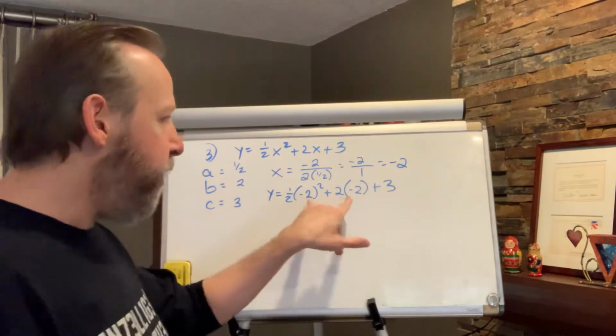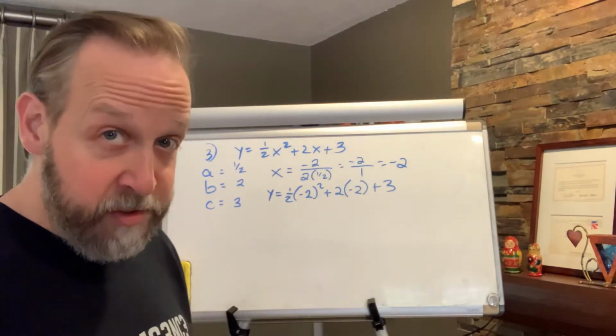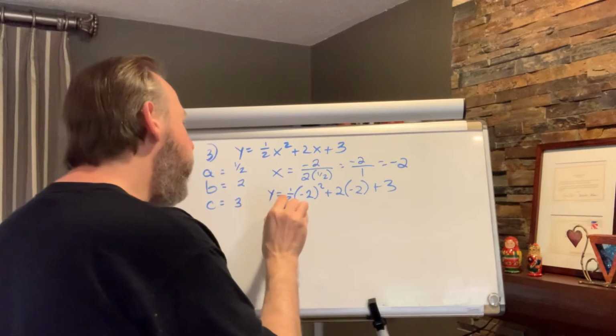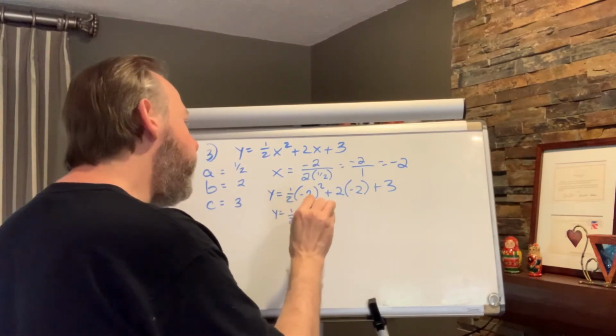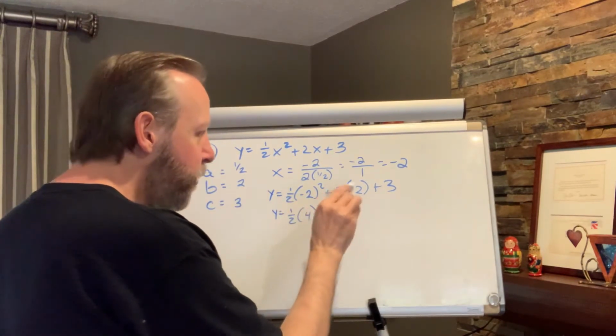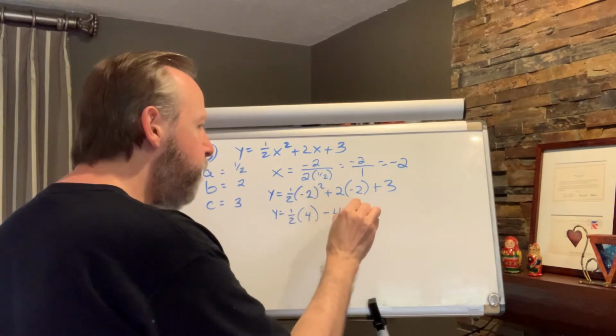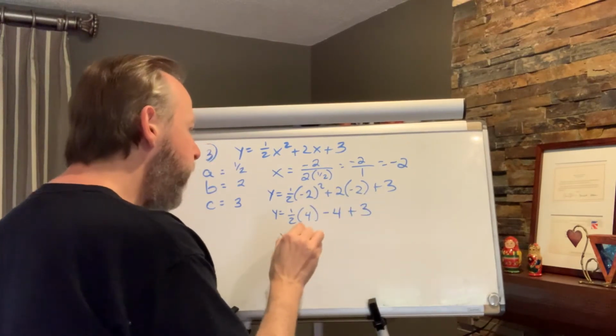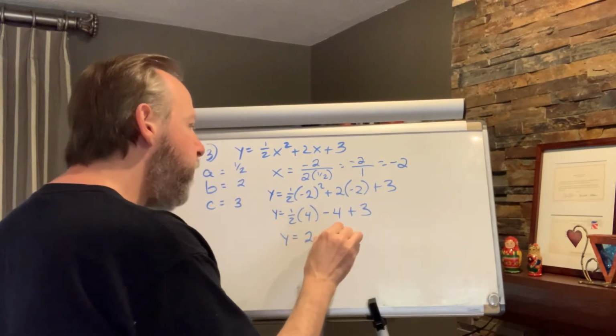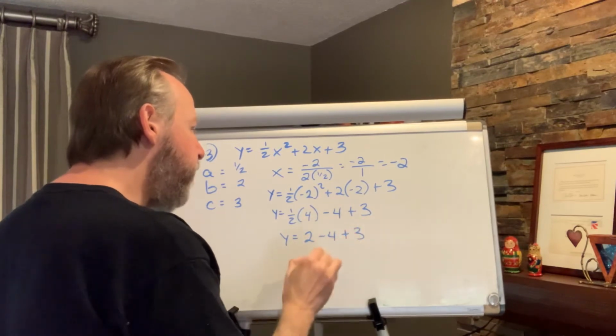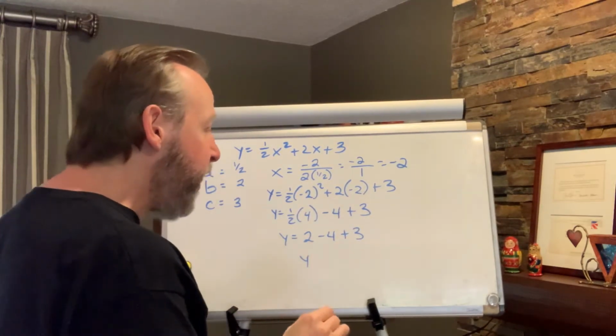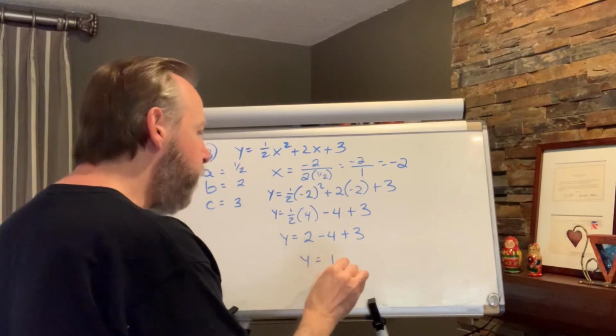I plugged in negative 2 where there was an x, and now I'm going to solve it. So y equals half of, that's going to be 4. 2 times negative 2 is negative 4, and then plus 3. Half of 4 is 2, minus 4, plus 3. 2 minus 4 is negative 2, plus 3 is 1.